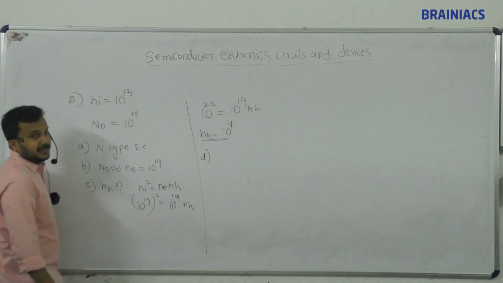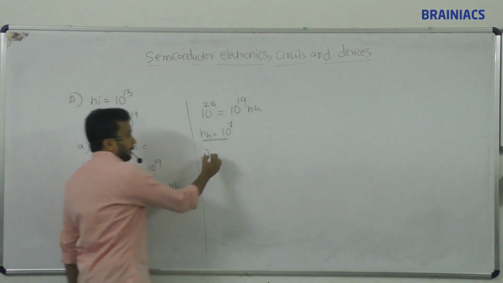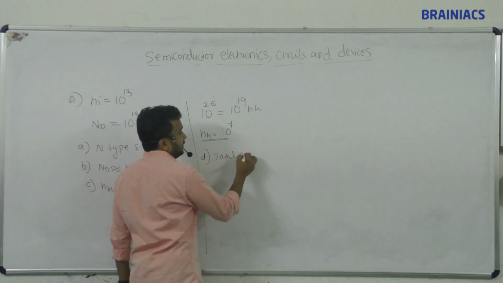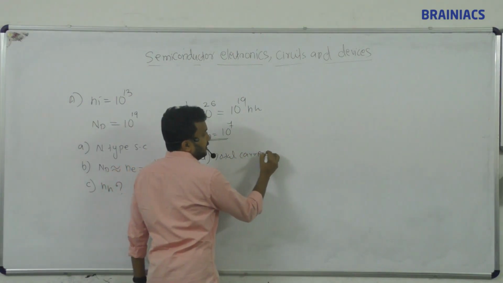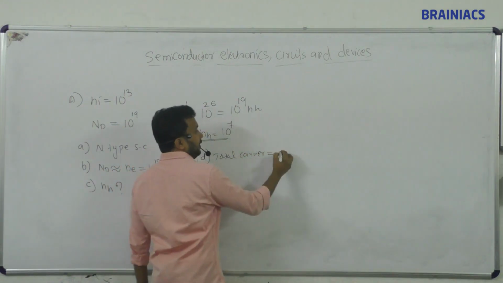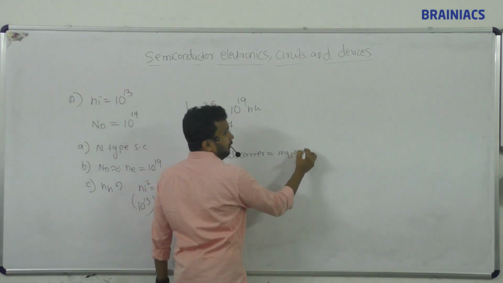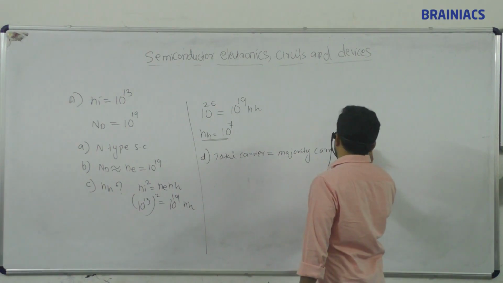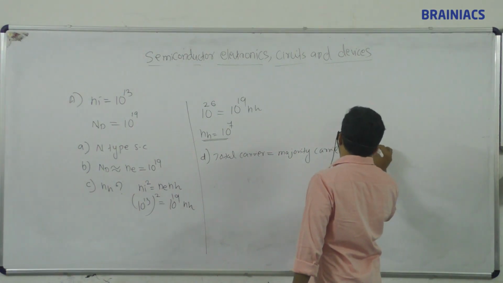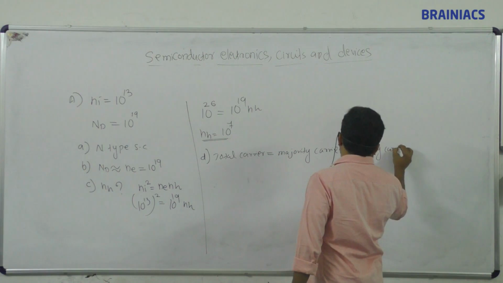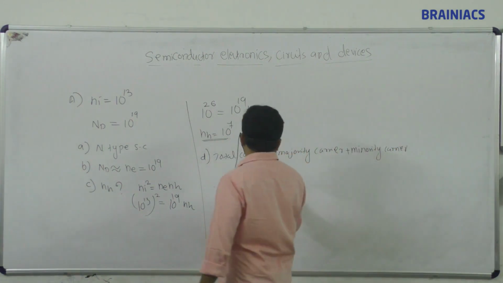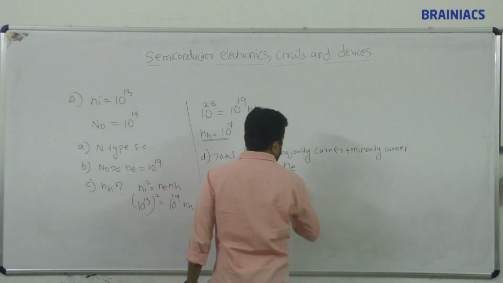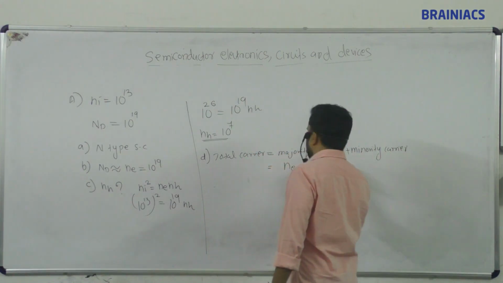Total carriers. What do total carriers mean? Total carriers is equal to majority carriers plus minority carriers. What is the majority carrier? Number of electrons. Minority carrier is the number of holes.